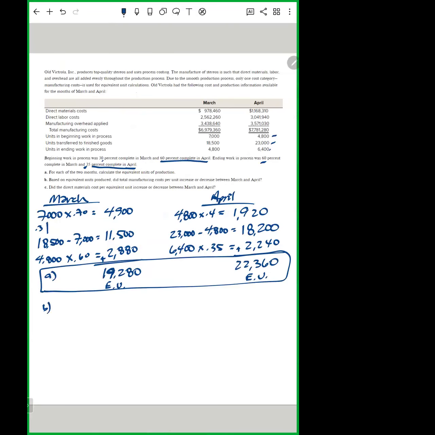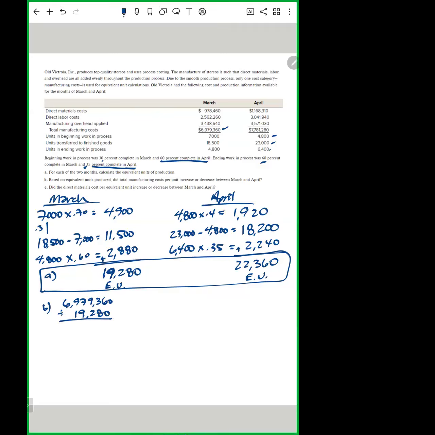And then B is going to be the 6 million. Oh, no, I wrote that down wrong. 6,979,360. So this piece of information divided by 19,280.